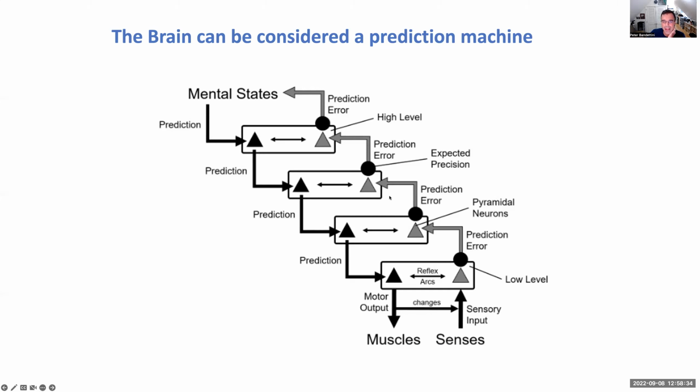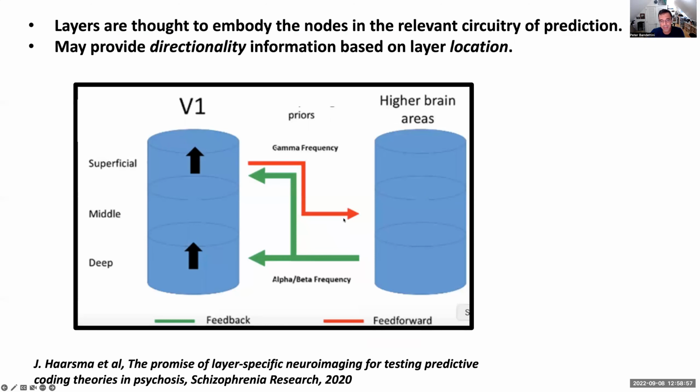The idea is that these areas in the hierarchy where these computations are taking place, which we're still not clear on what exactly they are, occur in the cortex across layers. And there might be layer modulation depending on whether there's feedback or feedforward information. So this is the basic, super simplified diagram of what our hope is with layer fMRI.